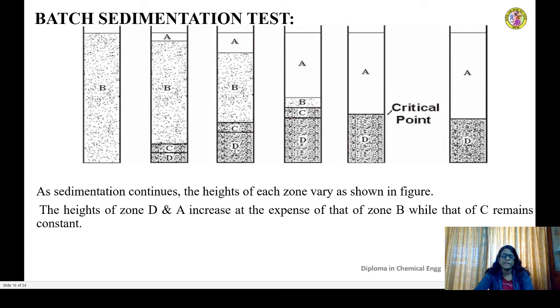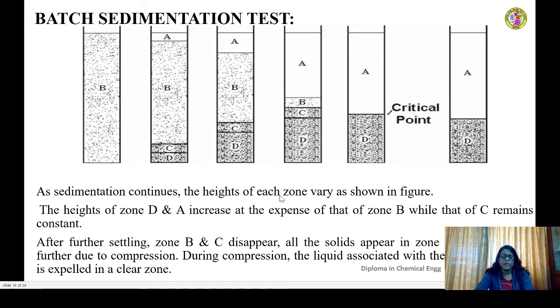So zone A and zone D have their height increased at the expense of the height of zone B. That is what we have observed after a certain time of settling has proceeded.